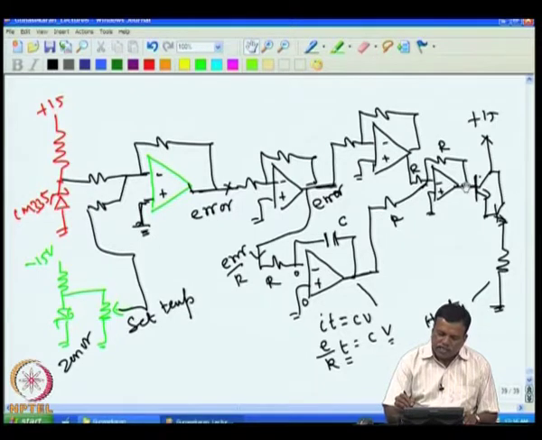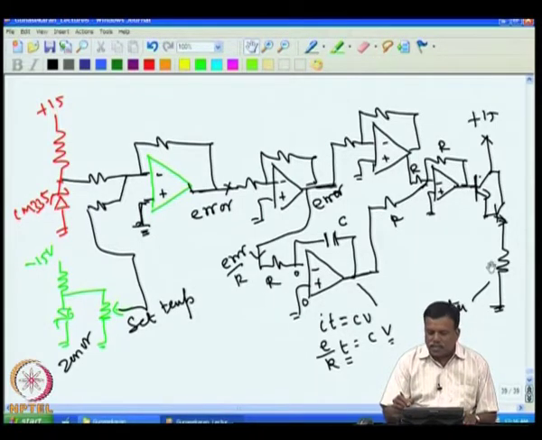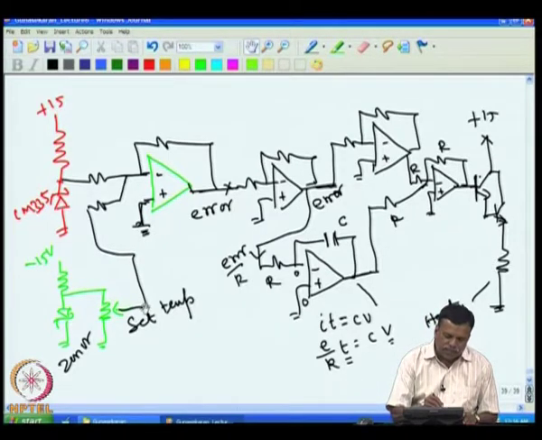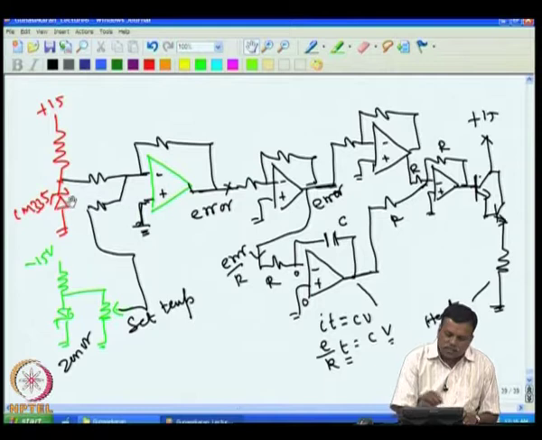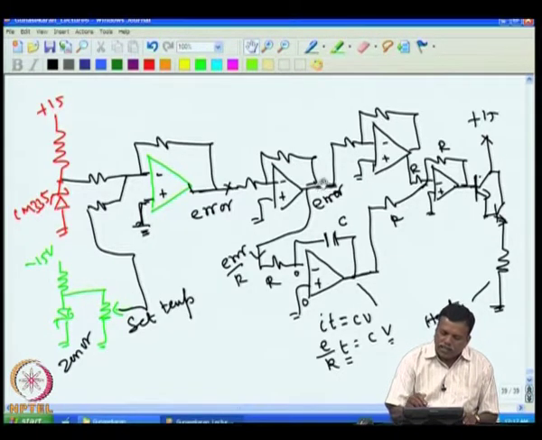But what happens initially, in the morning when you switch on the system, is that you had set this at 70 degree, and this is anyway linked to this one. So, this is at 25 degree. So, the error voltage will be high, and this has a gain, because we do not keep this 1:1.